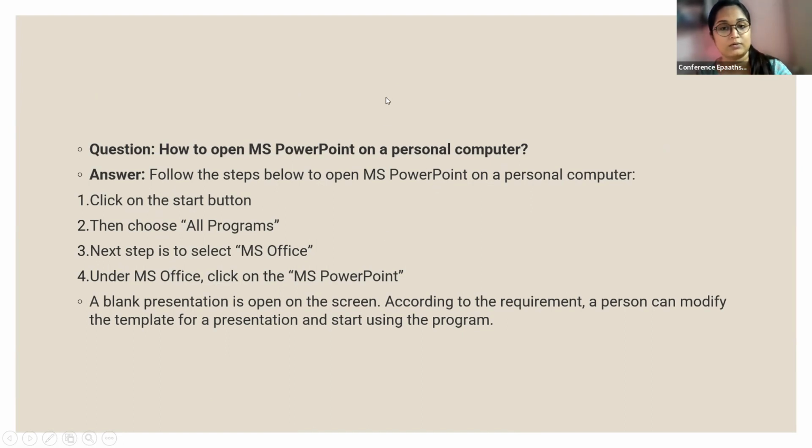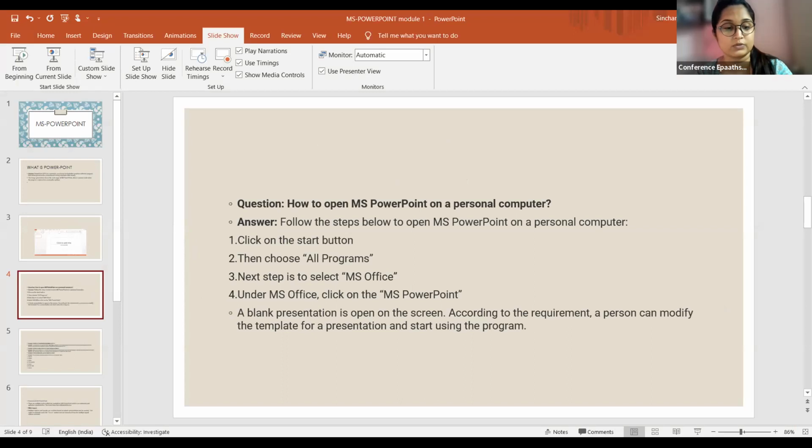Now I am showing you. You have to go here, this is all programs. Here you have to type MS Office. In MS Office, PowerPoint is there. So you have to click here and you can get a presentation. One new window will open.